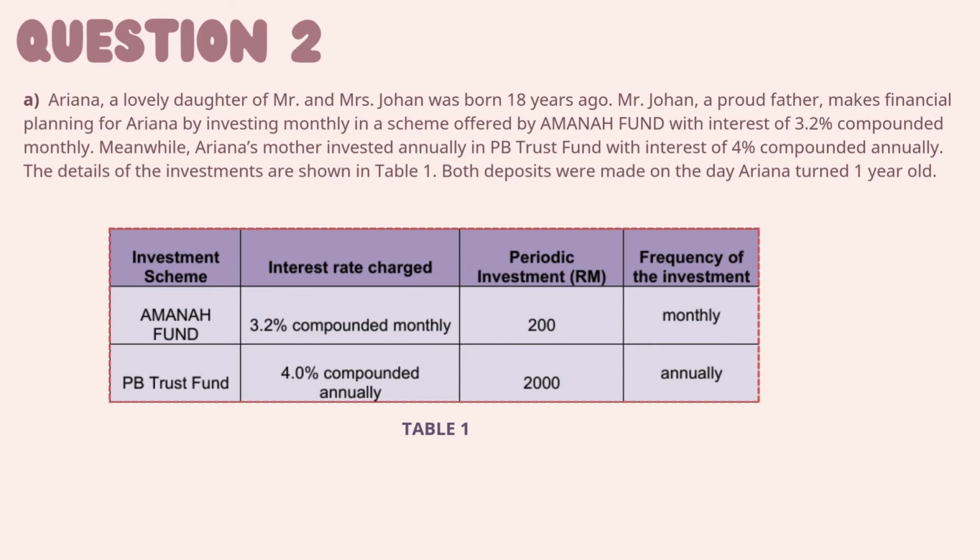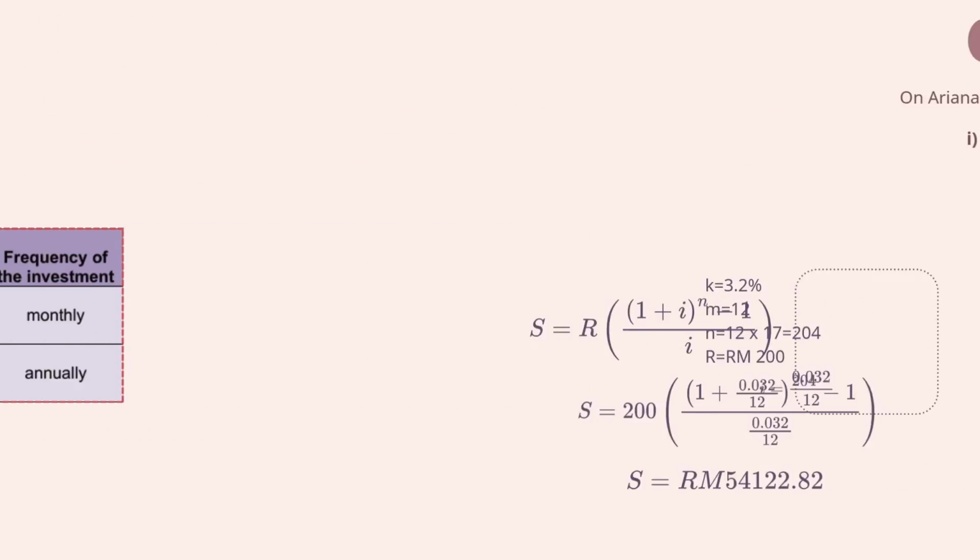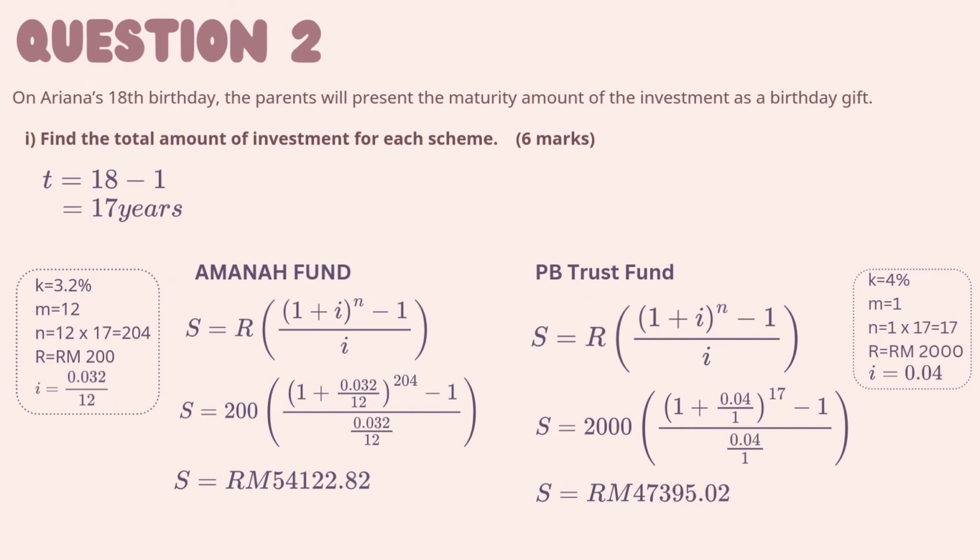Question 2. A1 Roman. From the information, we know that the total time of investment is 17 years because Ariana's parents will present the maturity amount of the investment on Ariana's 18th birthday, but the deposit was made on the day Ariana turned 1 year old.